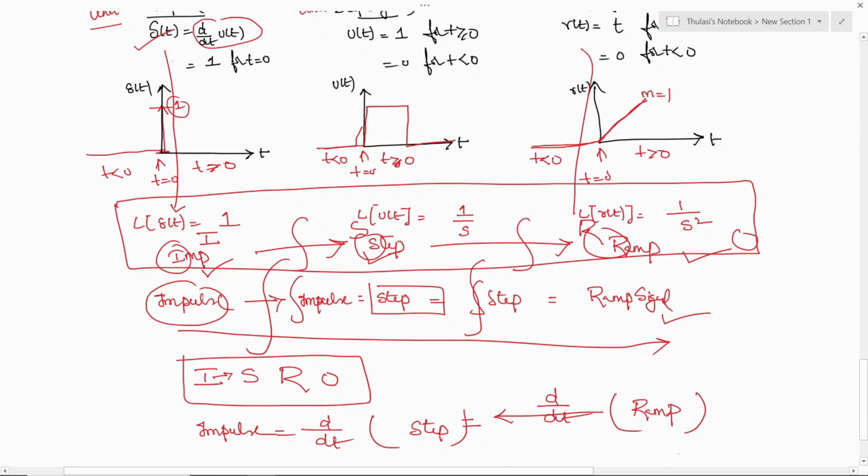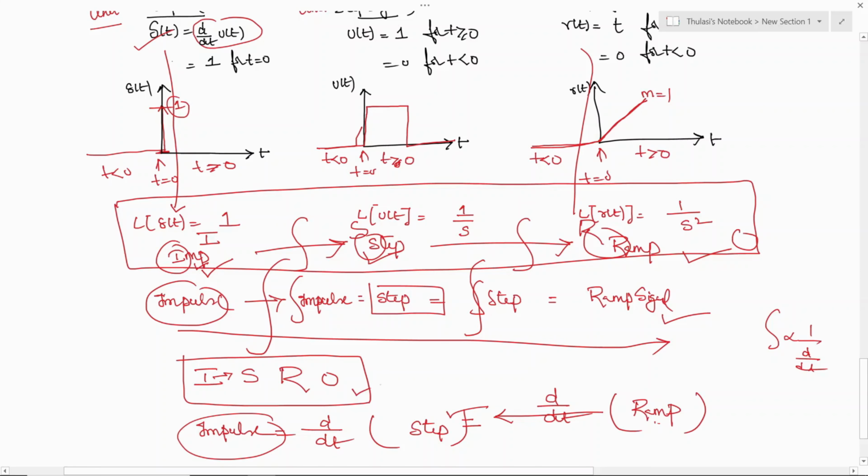So like this, integration, differentiation, or in reverse. So integral of impulse is step, integral of step is ramp, differentiation of ramp is step, and differentiation of step is impulse signal. This is how to define the three different signals and the interrelationship between them.